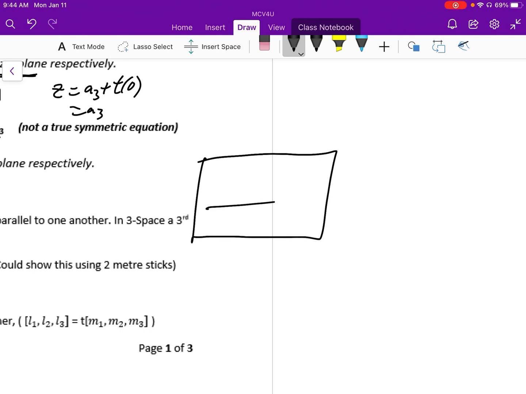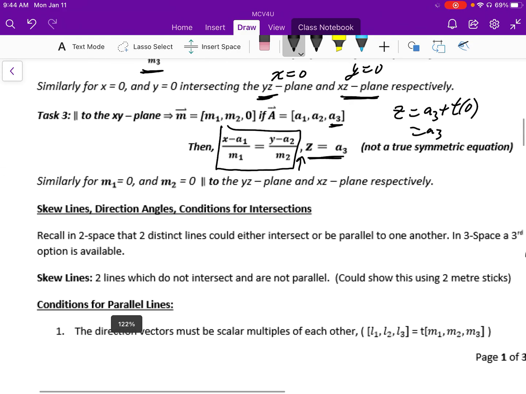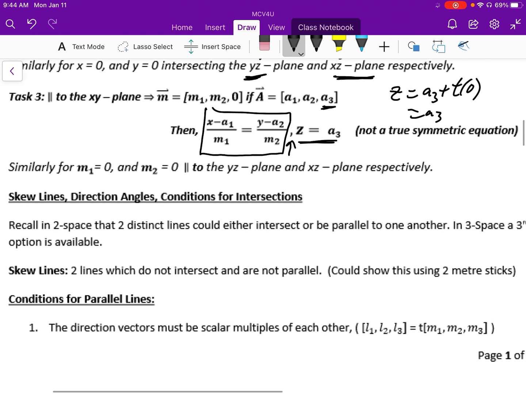By the time you see this, there's going to be a link here, and it will give you a nice little demonstration of two lines in 3 space. If you can't visually think of it on your own, you can take a look at that link.